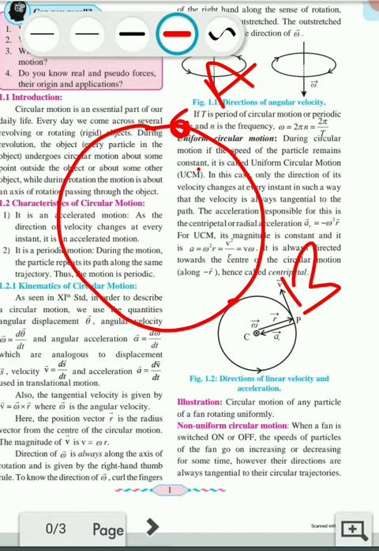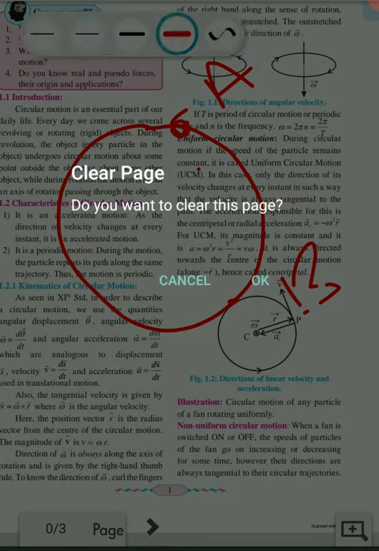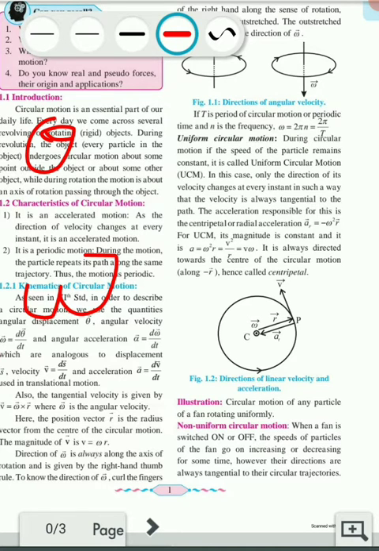Similarly, any object moving in a circular motion has three parameters: angular displacement, which is represented by theta, then angular velocity omega, and angular acceleration alpha.